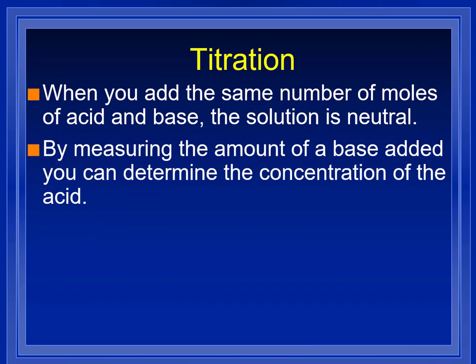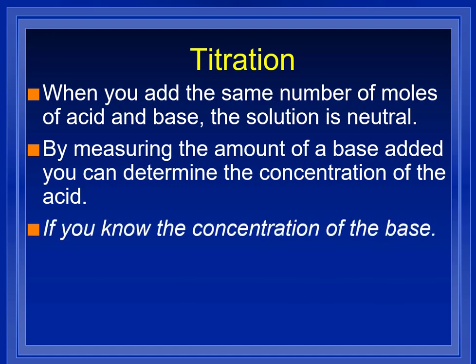So by measuring the amount of base you add, you can determine the concentration of the acid, as long as you know the concentration of the base. So the idea behind a titration is you take a known concentration and react it with an unknown concentration to find that unknown concentration.